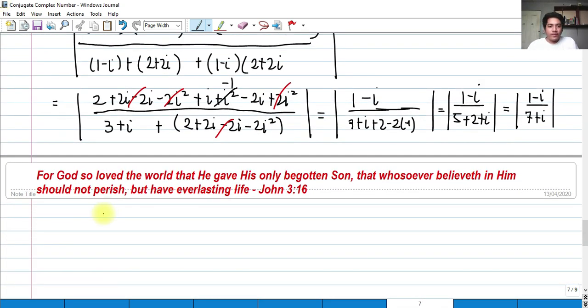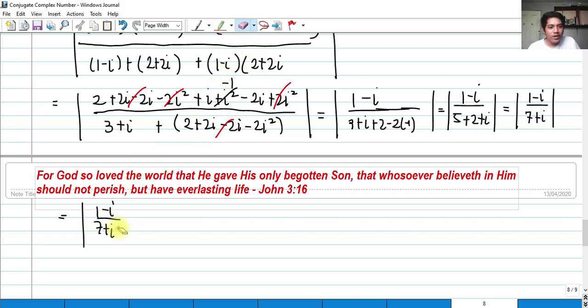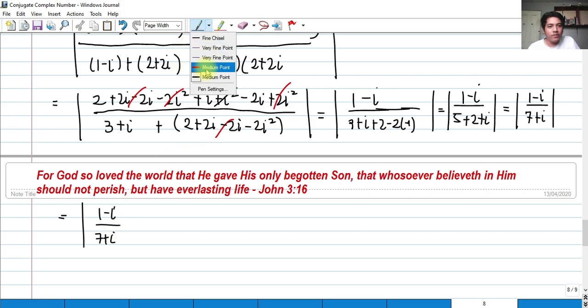But before we get the modulus of that, again, we need to solve it by multiplying the whole equation by the conjugate of its denominator. Let me just rewrite this. We have 1 minus i all over 7 plus i multiplied by the conjugate of the denominator, so 7 minus i all over 7 minus i.